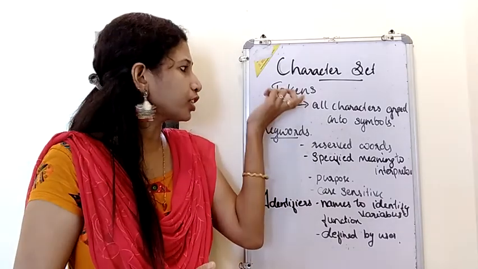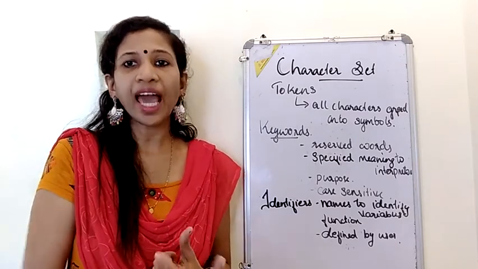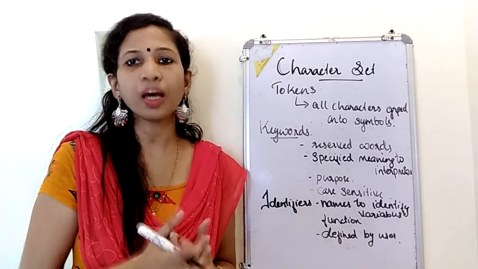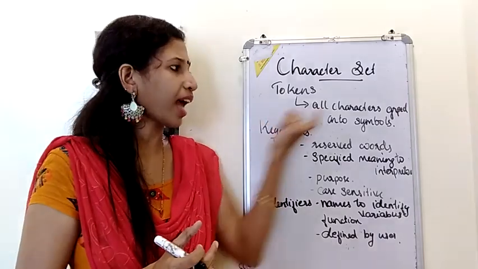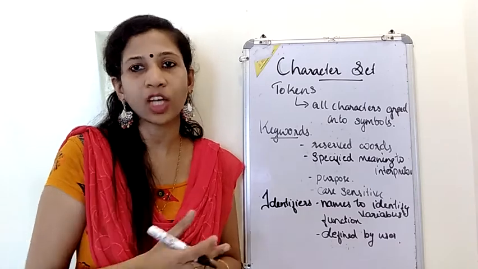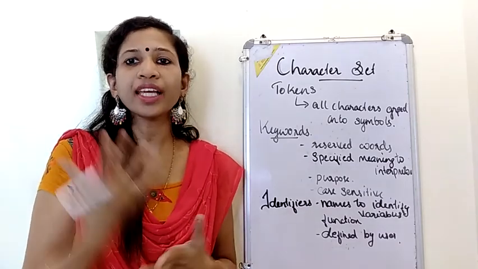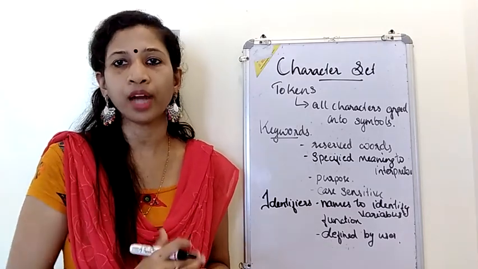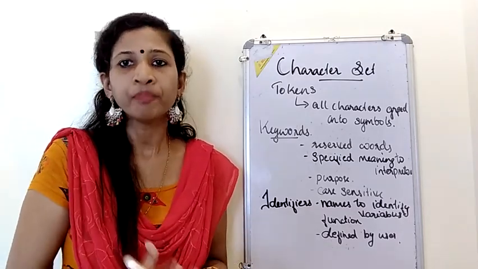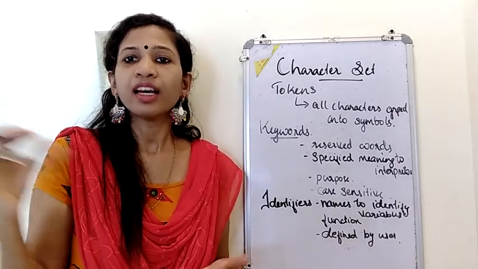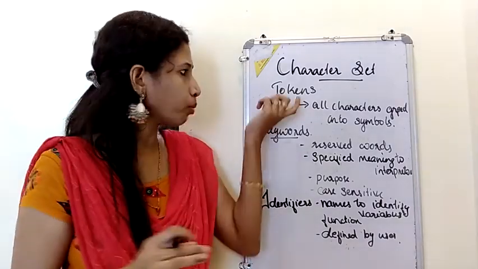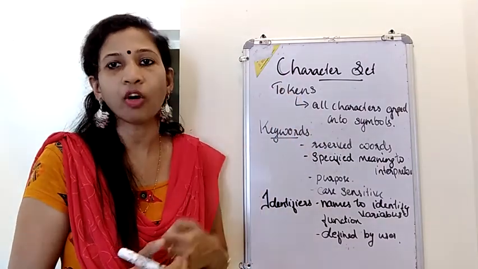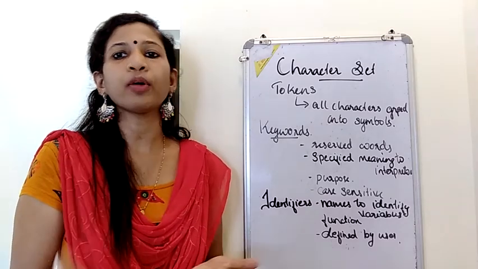Okay, tokens are the characters that are included for writing a program. All the characters are grouped into symbols called tokens. All the components that are needed for framing a program, for writing a statement in a program, are together called tokens.